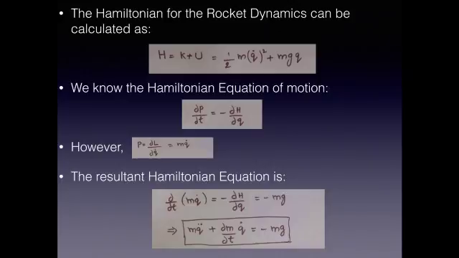Now, substituting this, we get ∂/∂t of m q dot equals minus ∂H/∂q, which is equal to minus mg. Thus, we obtain the Hamiltonian equation of motion for rocket dynamics. That is, m q double dot plus ∂m/∂t q dot equals minus mg.